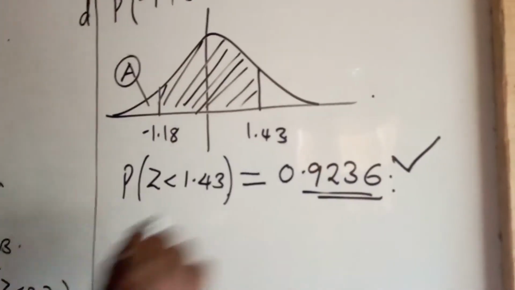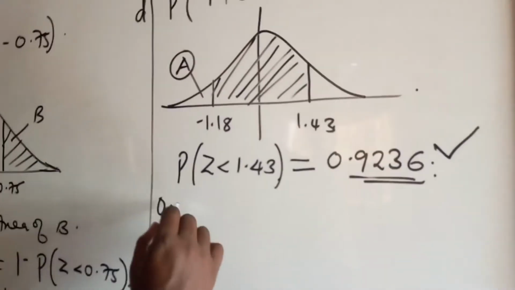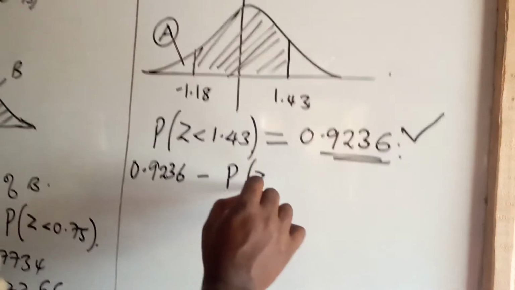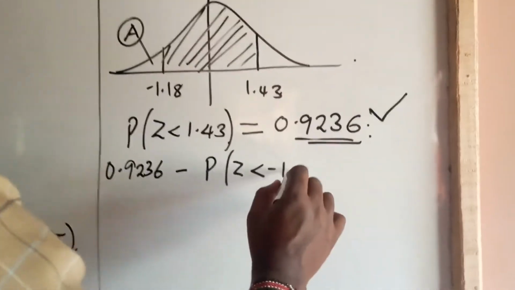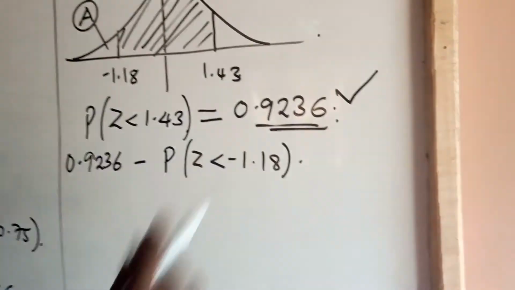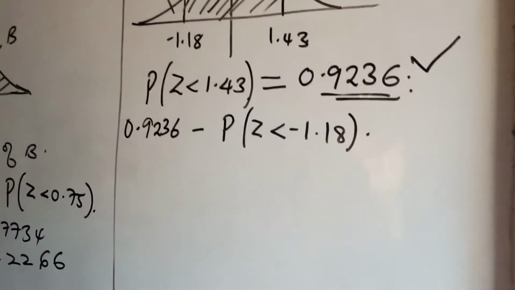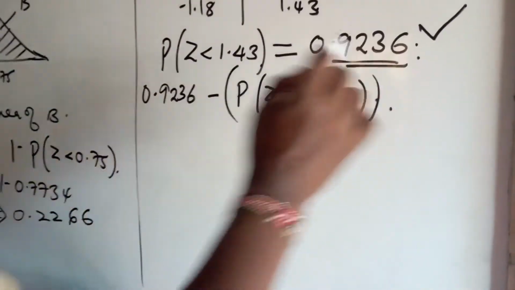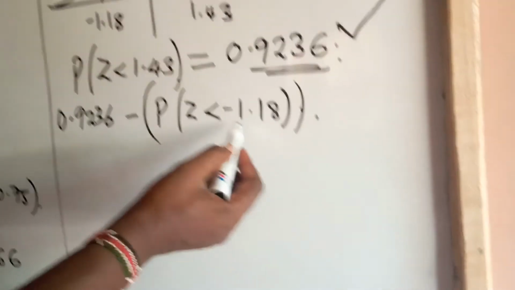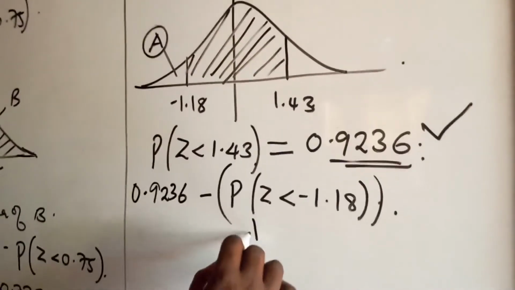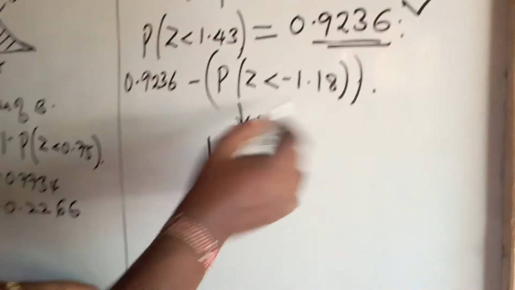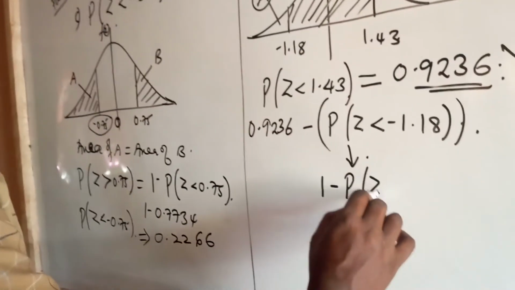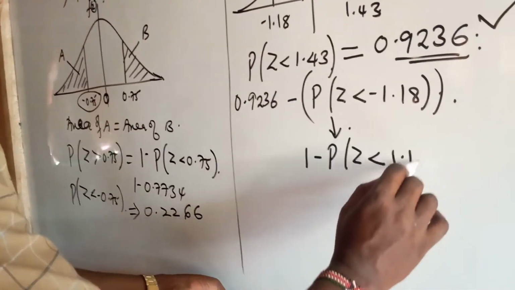So it is going to be 0.9236 minus the probability of z less than negative 1.18. And at the end of the day, we have to concentrate on this part, because now we have a negative, which gives us 1 minus, the way we have understood in part B, the probability of z less than 1.18.